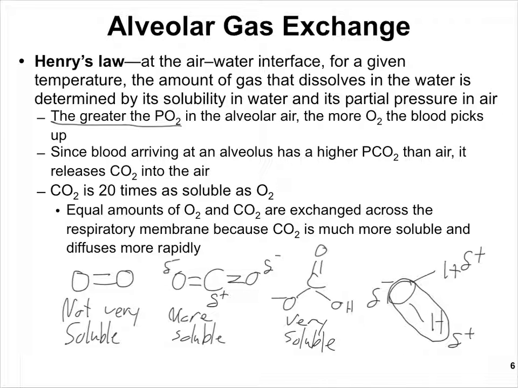So, just to recap, gases are going to diffuse down their partial pressure gradients, and the amount of gas that can dissolve in any liquid solution is going to be proportional to the difference in partial pressures between the gas dissolved in the liquid and the gas in the atmosphere, as well as the solubility of the gas in that liquid.